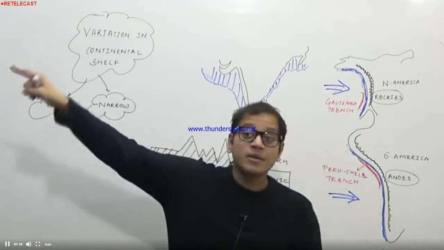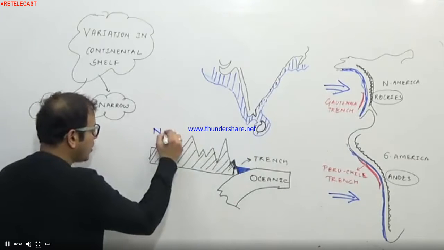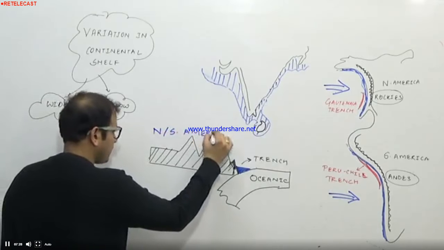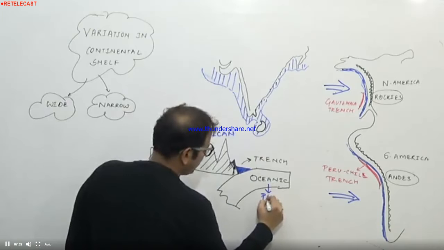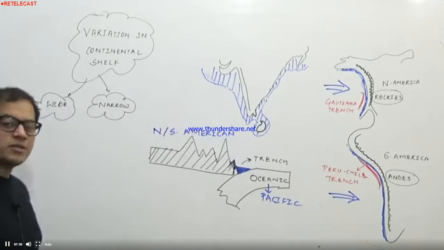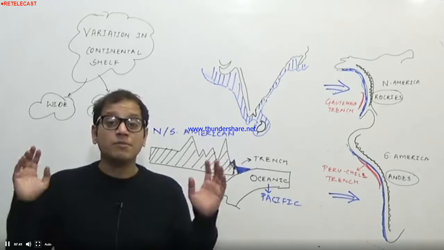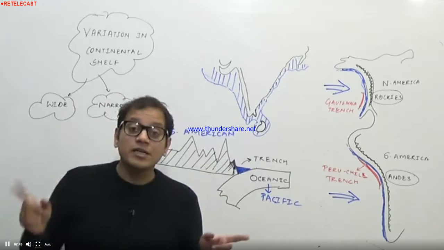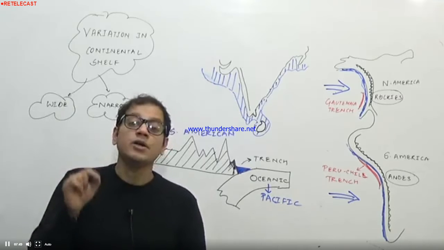Remember your geomorphology lecture. So we can say these are North or South American plates. And this is an oceanic plate, which the most important, I am taking Pacific plate. I am not considering the other marginal plates such as Nazca plate, I hope that you know. So the one thing we can generalize, the continental shelf is narrow when the fold mountains are parallel to the coast.